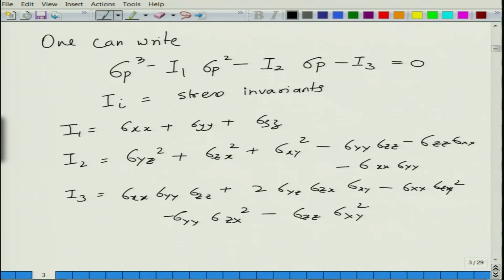Okay, and this is where we were. I1 is nothing but the sum of the three normal stresses, sigma xx, sigma yy and sigma zz, and I2 is this and I3 is this.